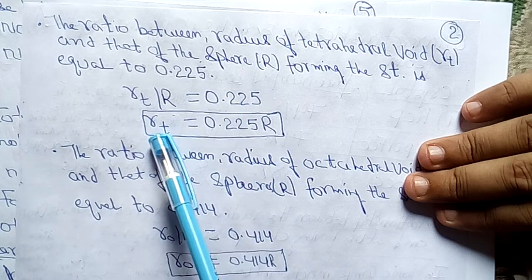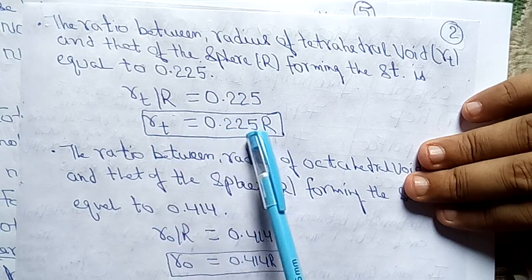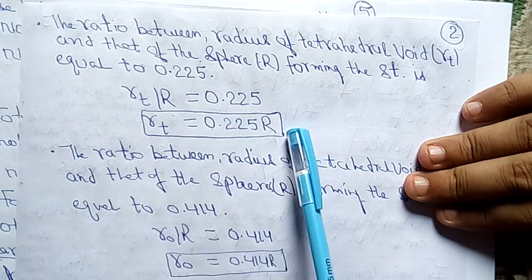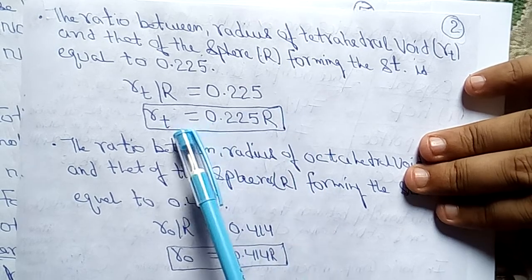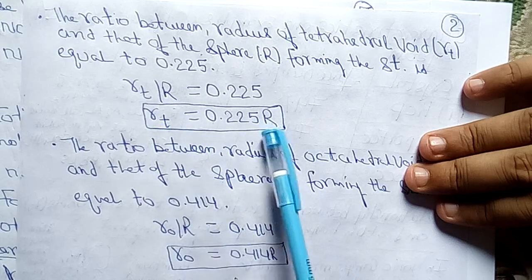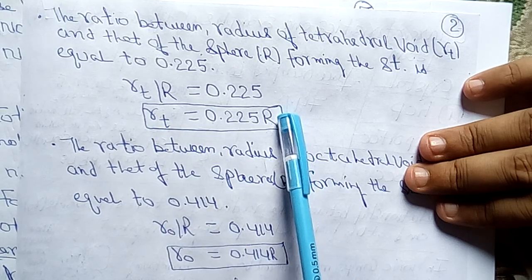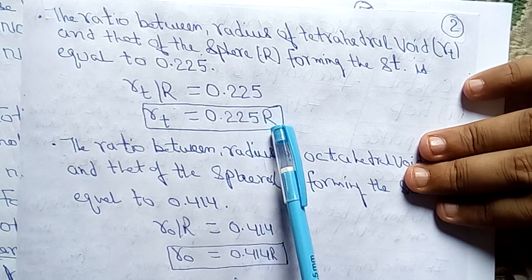So the radius of tetrahedral void comes to be 0.225 R, where R is the radius of the sphere. That gives the relationship between tetrahedral void and the radius of sphere, that RT is equal to 0.225 R.